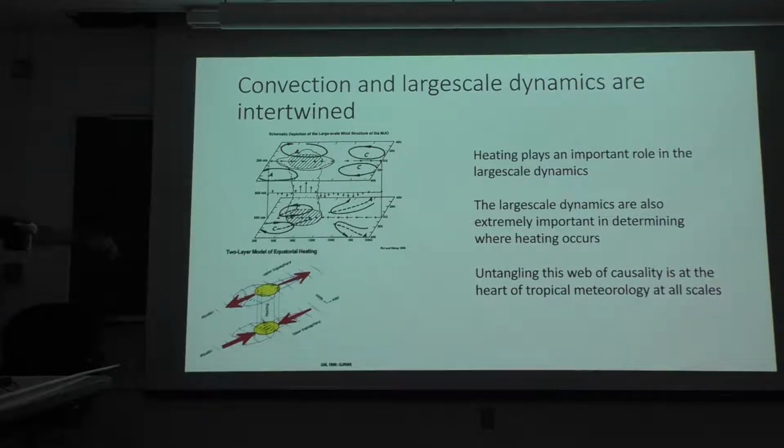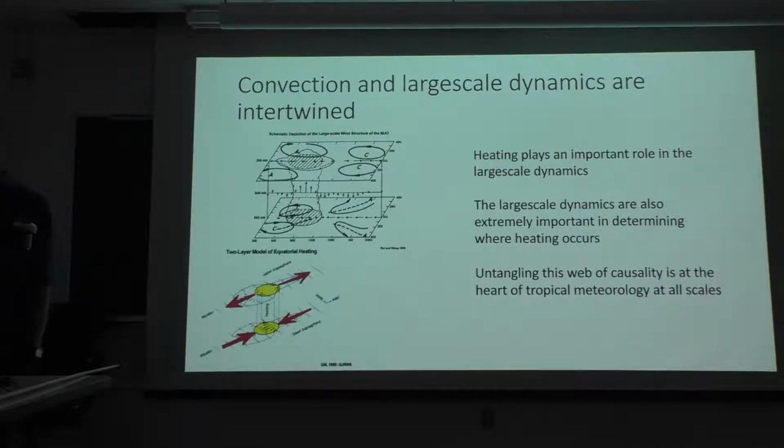Here are two schematics of MJO, which is an example of this kind of interconnectedness, where a propagating wave of both dynamical and thermodynamic effects can propagate as they're intertwined.